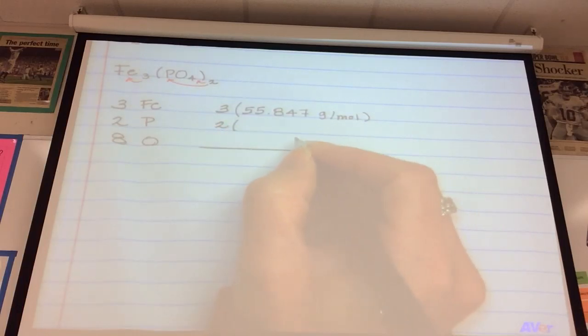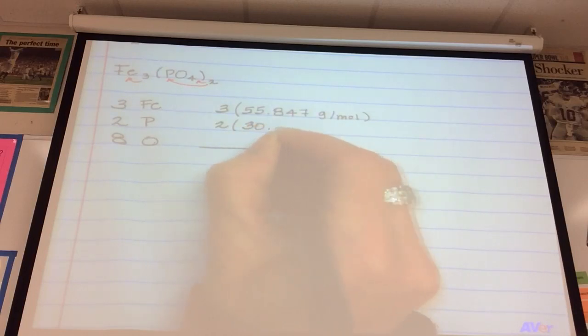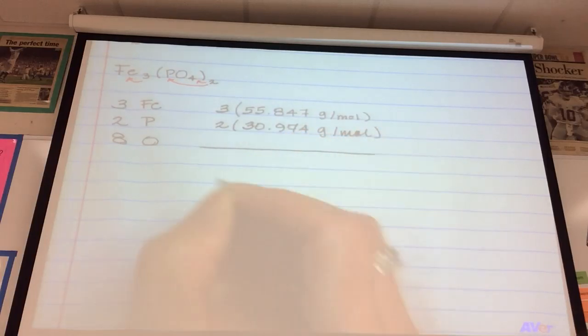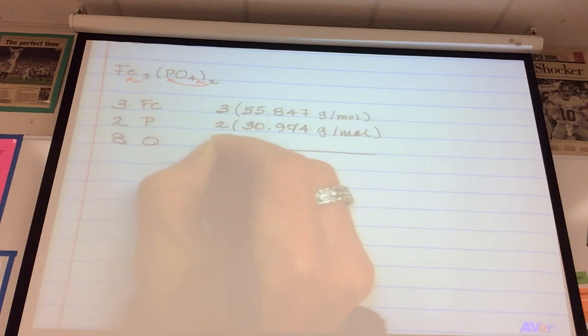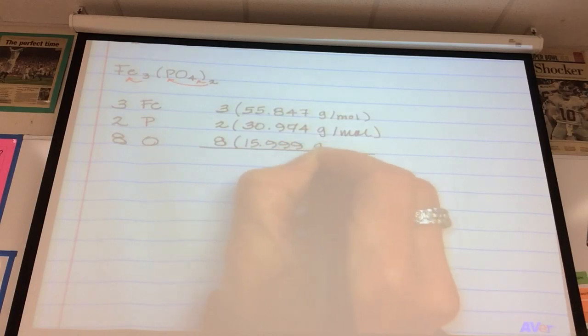I look at the periodic table for phosphorus, 30.974 grams per mole. Oxygen, 15.999 grams per mole.